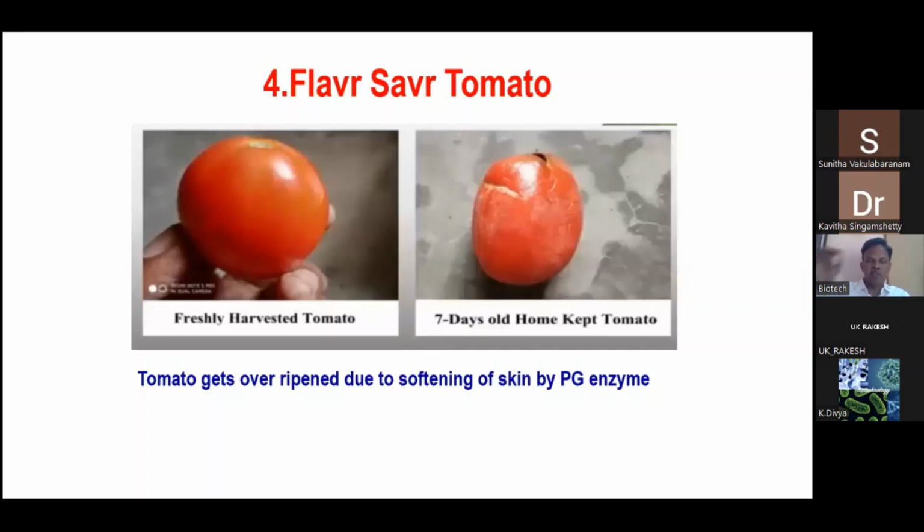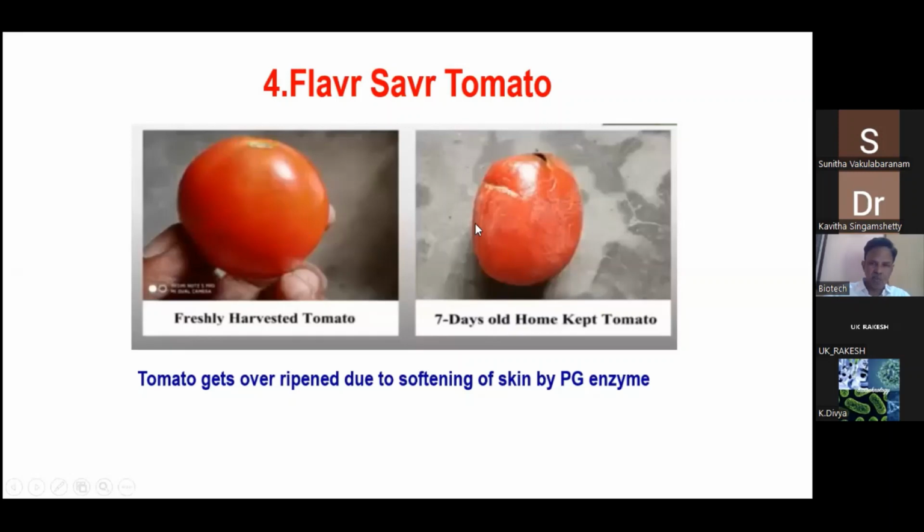Then the next example is called Flavr Savr tomato. Right? In our house, we purchase a tomato from the market, right? And when we purchase this tomato from the market, it is fresh and ripened.